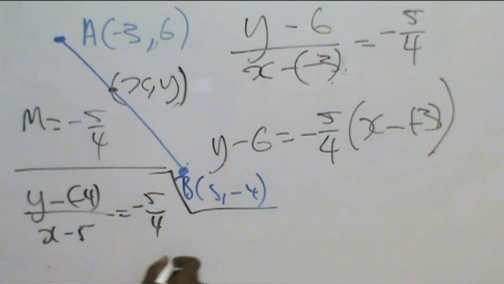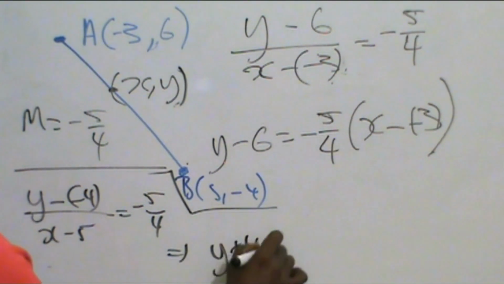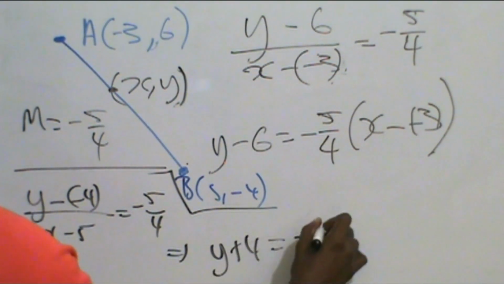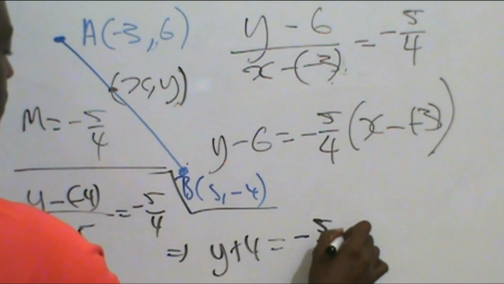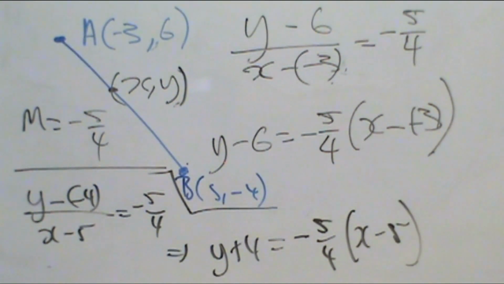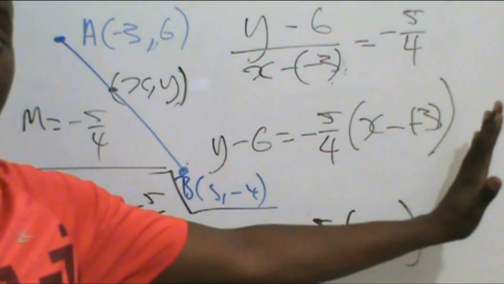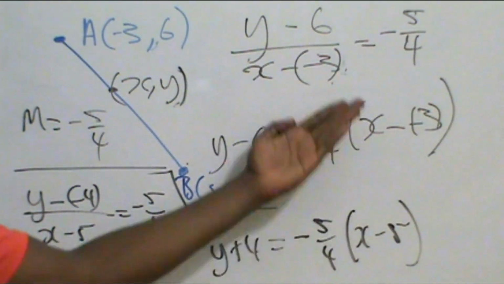Which is to say then that y plus 4 is equal to minus 5 over 4 into x minus 5. Alright? So, just as we did here, the document attached to this video will have the completion of the calculations here.